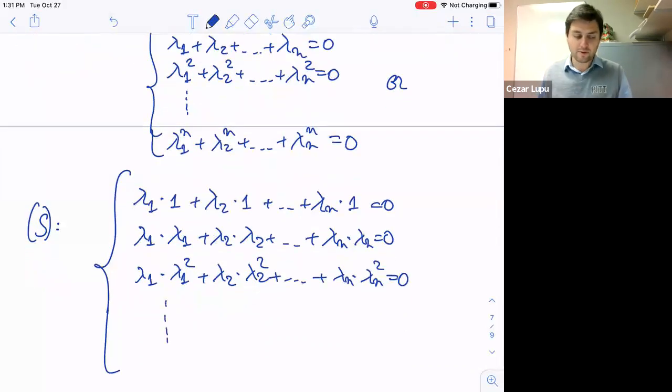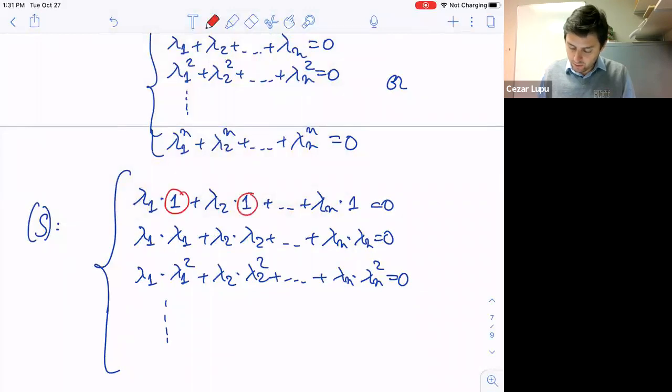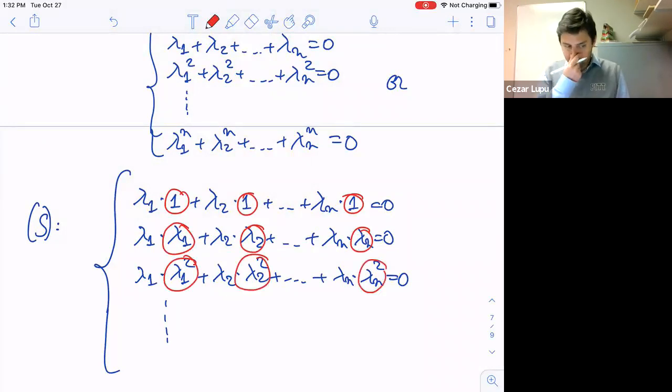As you can see, the coefficients are the same, lambda 1, lambda 2, and so on, and these will be the variables. So these will be the coefficients.